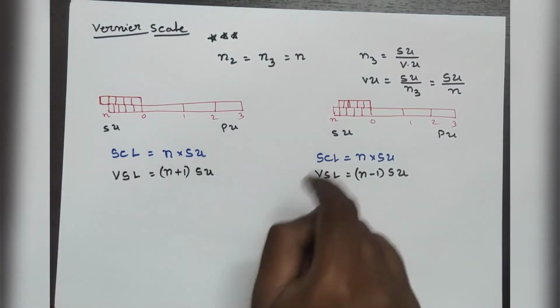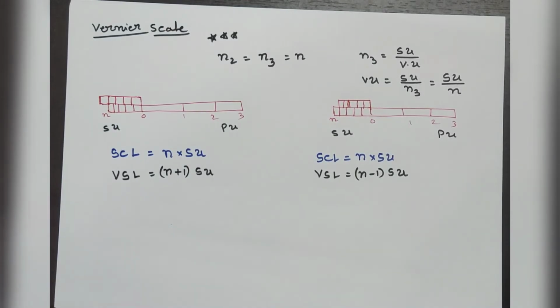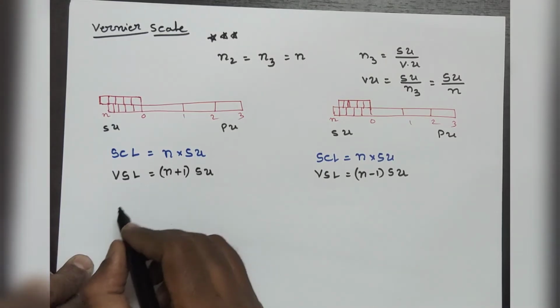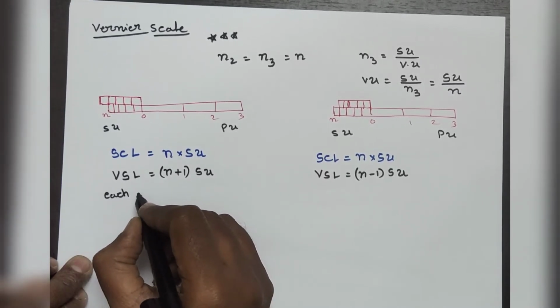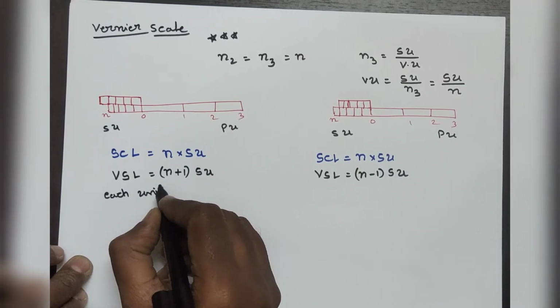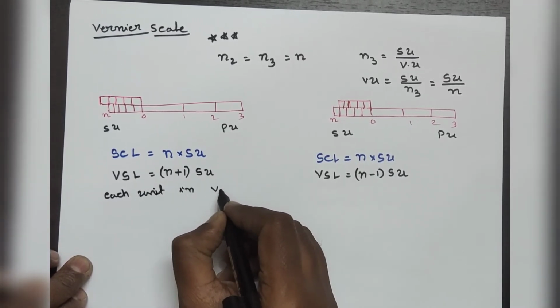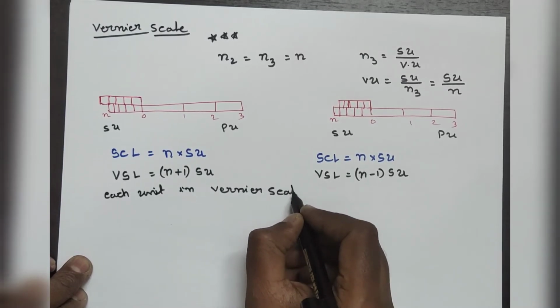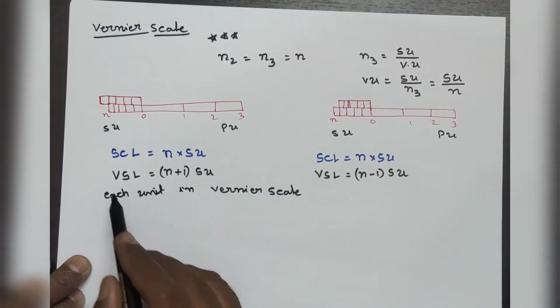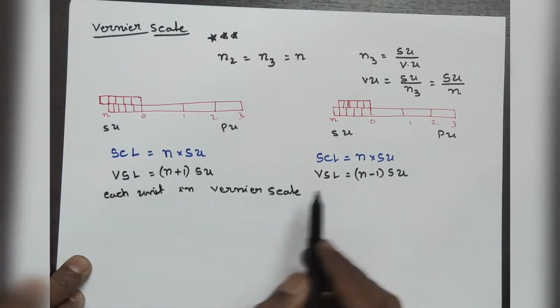Now here, how many parts did we make? Each vernier scale unit, one vernier division, how much is it? We have to divide with n. So each unit in the vernier scale, how are we going to get it? By dividing this one with n.